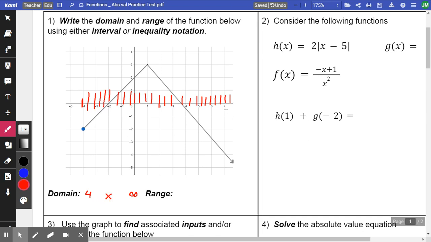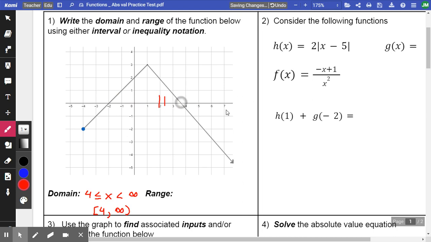At 4, we have a closed circle, so less than or equal. And at infinity, it's always going to be open, so just less than. As interval notation, we have a bracket at 4, comma, to infinity with parentheses.